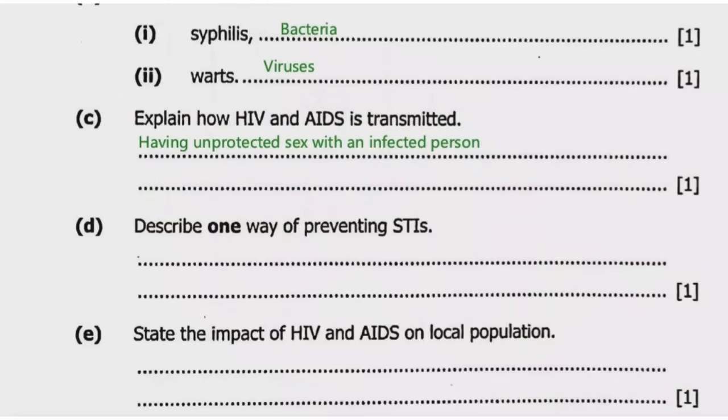If you just say having unprotected sex, this can be unprotected sex with a person who is not infected, and you can't get HIV AIDS. But having unprotected sex with a person that is infected means I'm going to get the HIV virus.